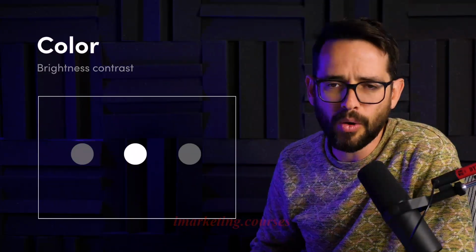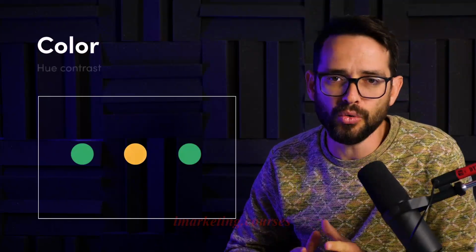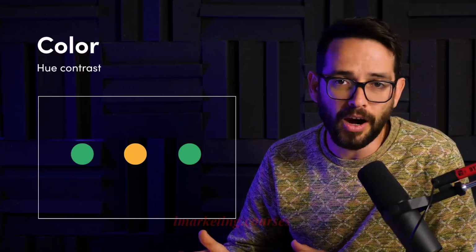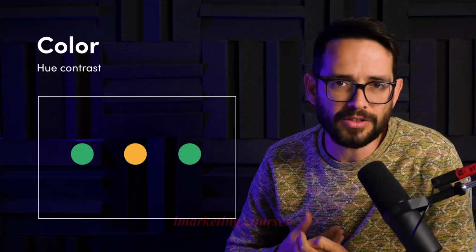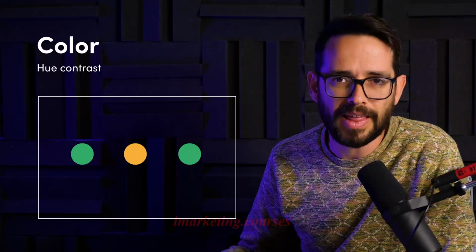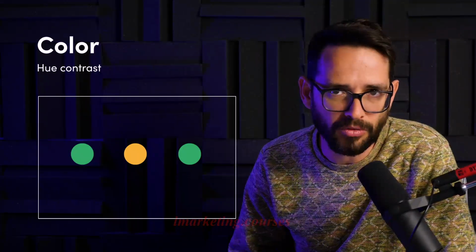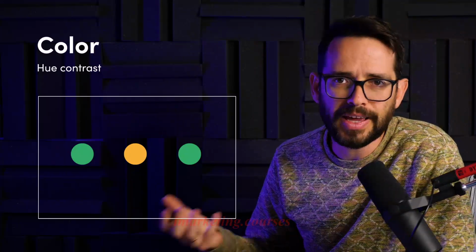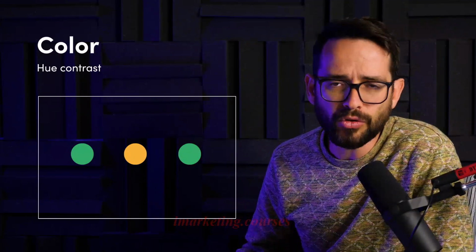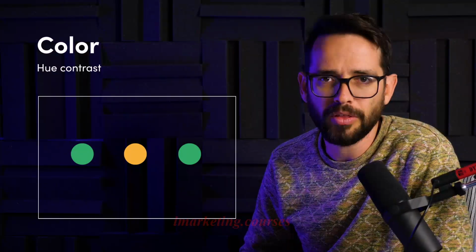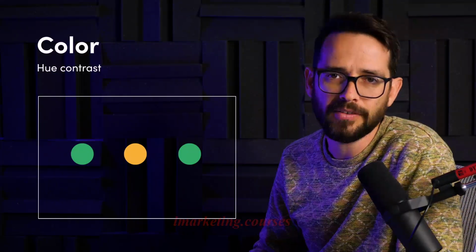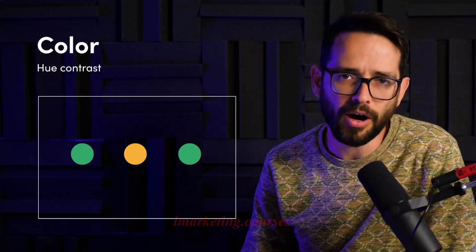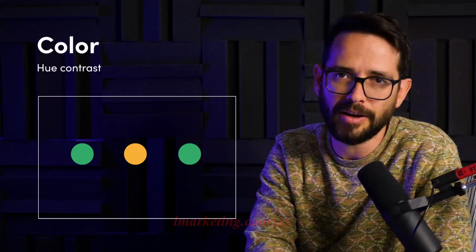The second way that we can create contrast is by changing the hue. So different colors might be more or less contrasted to the background. Of course, that depends on what your background is. In this case, if we take green circles and a yellow circle, the yellow circle is much more contrasted on the background, and therefore we will see it first, and it will be the top hierarchy in this design.